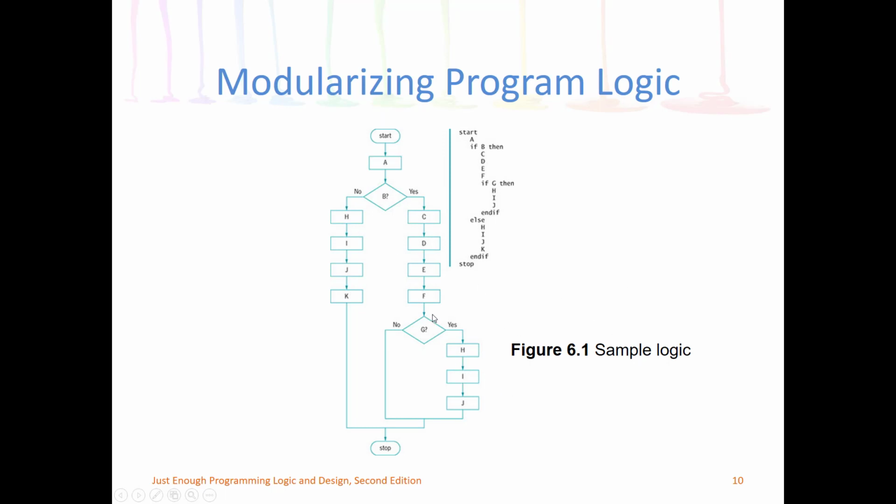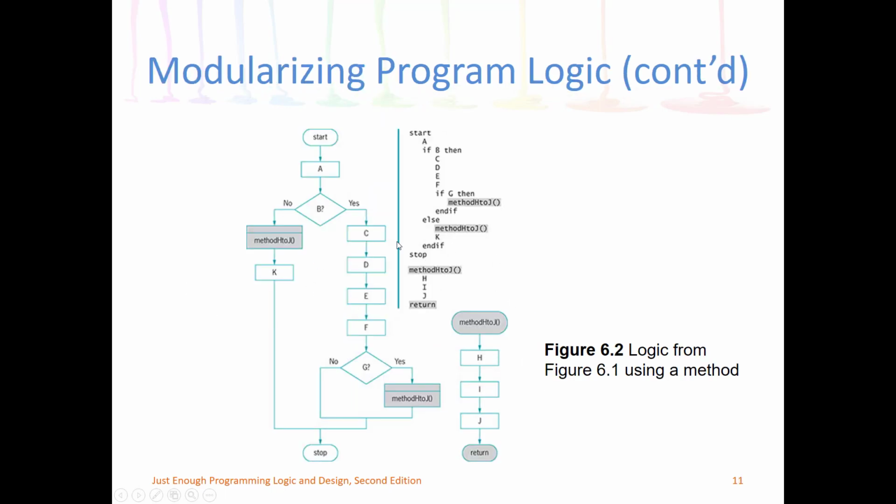That's basically how it's done, and there's your statement. Now, here is your method. See, it's separate from your start and stop from your main body of your program. Method H to J. It's got process H, I, and J, and it returns back. Now, yes, it returns back to its caller, but that doesn't mean it returns anything to the caller.